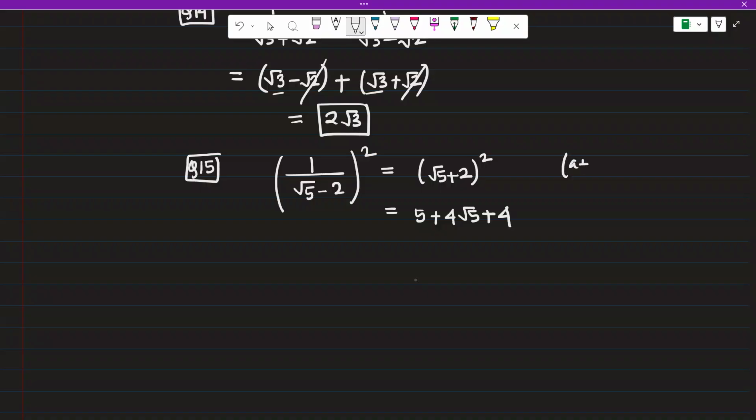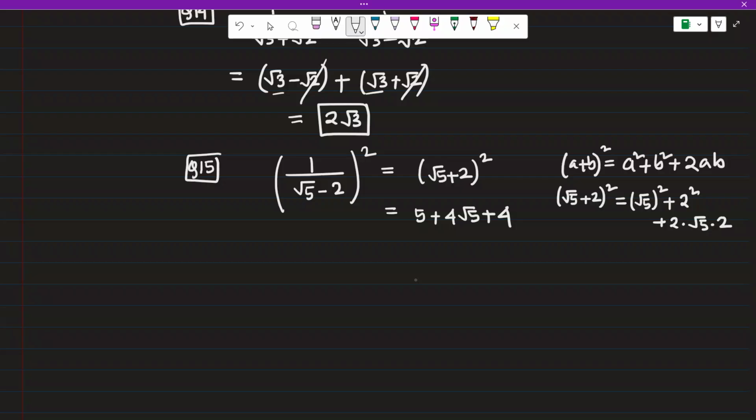We use the algebraic identity (a + b)² = a² + b² + 2ab. If we take a equal to √5 and b equal to 2, we can write (√5)² + 2² + 2 times √5 times 2, which is equivalent to 5 + 4√5 + 4. 5 plus 4 is 9, so 9 + 4√5. That's our final answer.